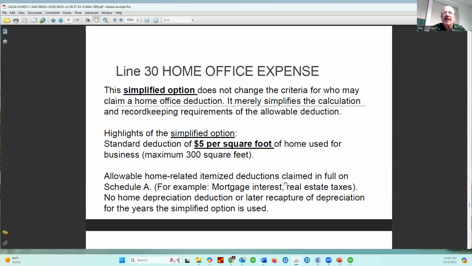Allowable home-related itemized deductions, for example real estate taxes and interest, are claimed in full on Schedule A. No home depreciation is calculated using the simplified home office method.